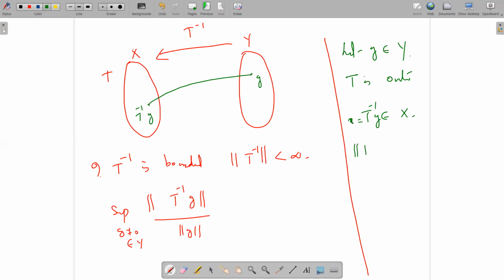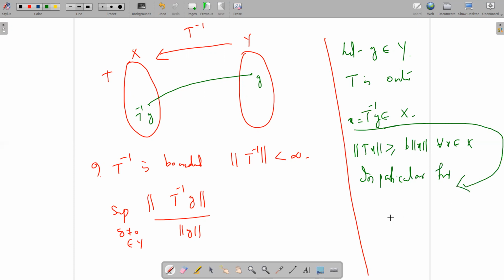So by the given condition, norm of T(T inverse y) is greater than or equal to b norm of T inverse y. Now T T inverse is the identity, because T inverse is the inverse of T. Therefore norm of y is greater than or equal to b into norm of T inverse y.